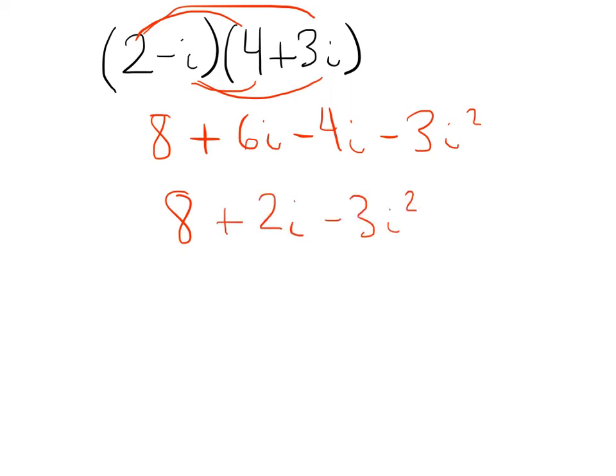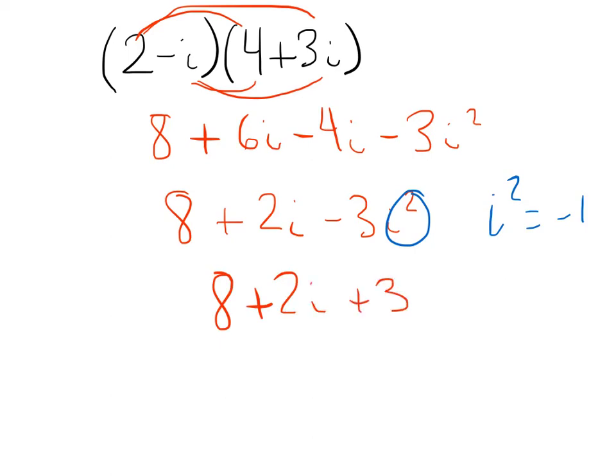And we need to remember from the previous ones that i squared is -1. So I'm going to replace that with -1. And so that's going to give me 8 plus 2i plus 3, because -3 times -1 is +3, which gives me an answer in standard form of 11 plus 2i.